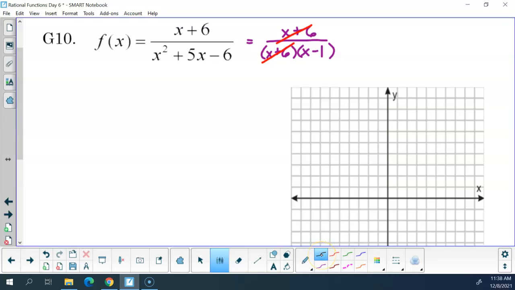That gives me my new function, one over x minus 1. Domain.